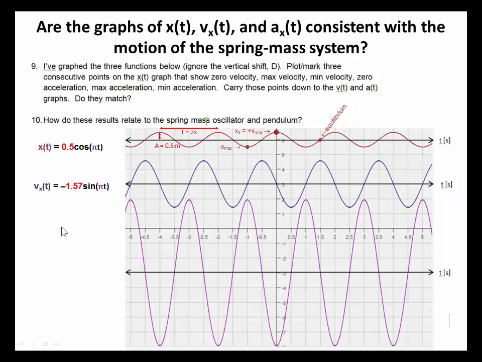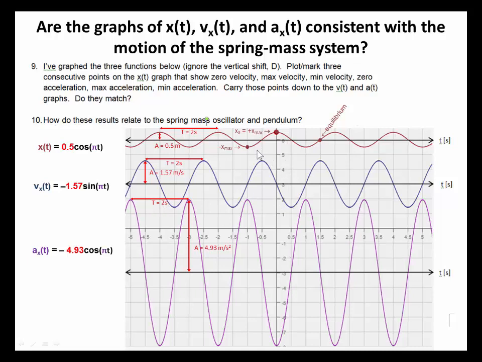So for our velocity function, if you take the derivative, we found out it's negative 1.57 sine of pi t, and here's our amplitude of 1.57, and our pi, our angular frequency, is the same, and it gives us the same time frame for our period in each case, t equals 2 seconds. For our acceleration function, take the derivative again, and there's our new amplitude, 4.93 meters per second squared, and there's our period. Period remains the same in all cases.